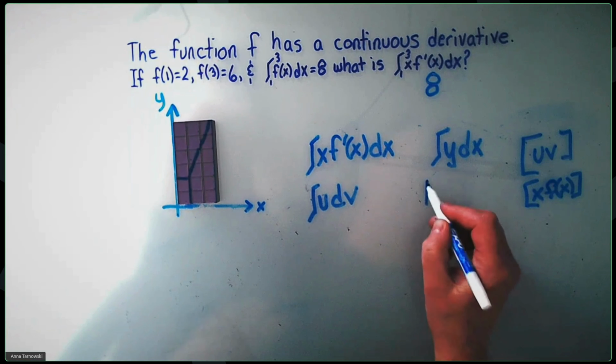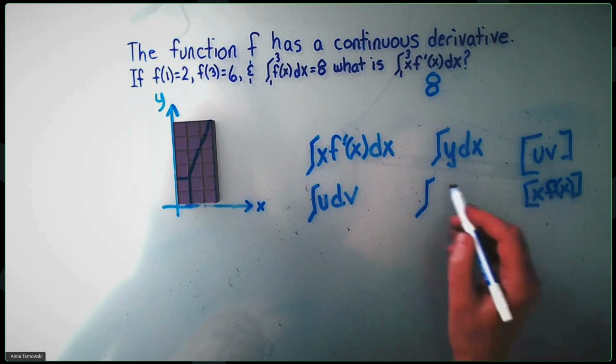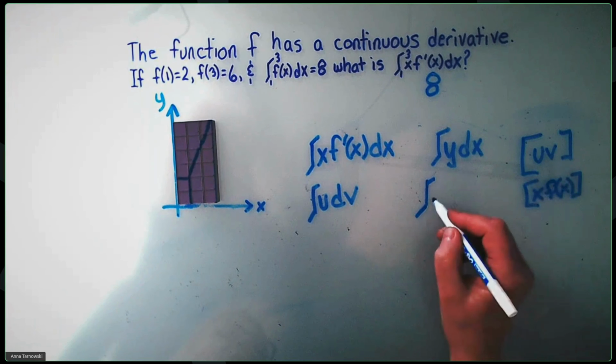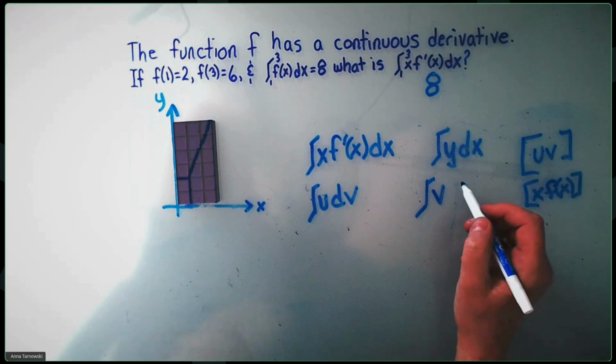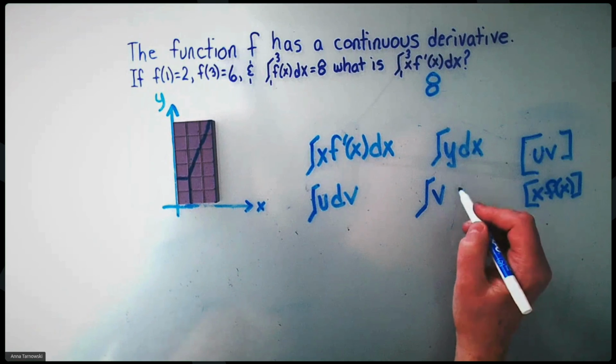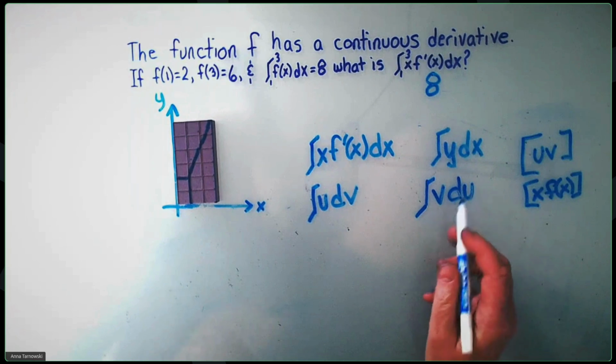And this you can change to v, because v was f of x, and du was equal to dx, so you can put du there, so you've got v du.